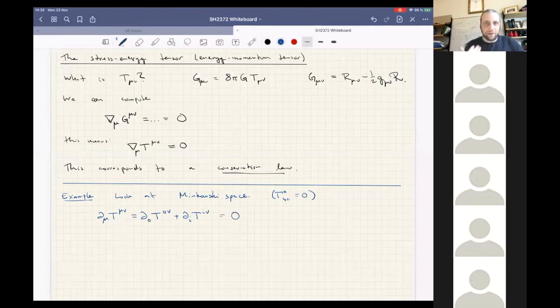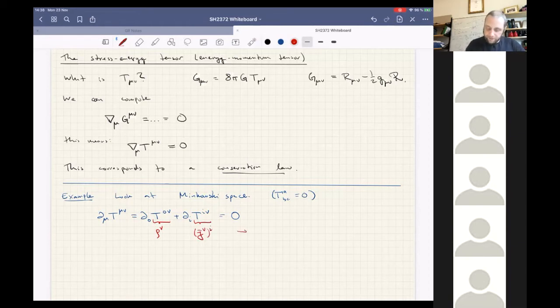Now this is very reminiscent of something. For each fixed nu, this is a component of the stress energy tensor, but I can call it rho nu. And this thing, I can call the i components of some vector j nu.